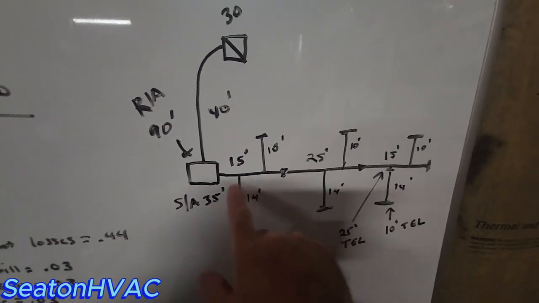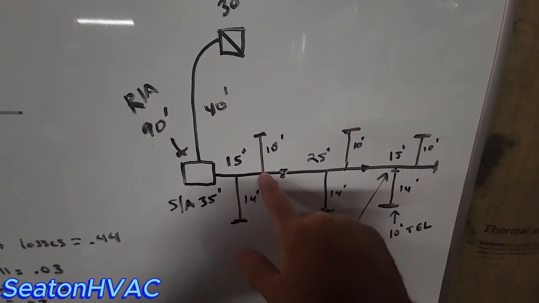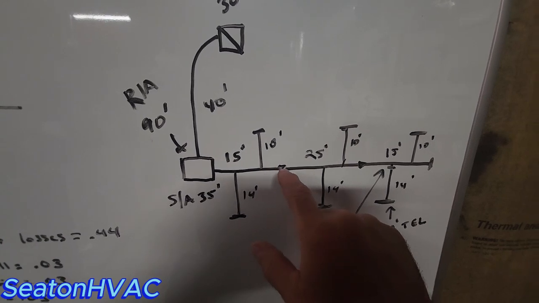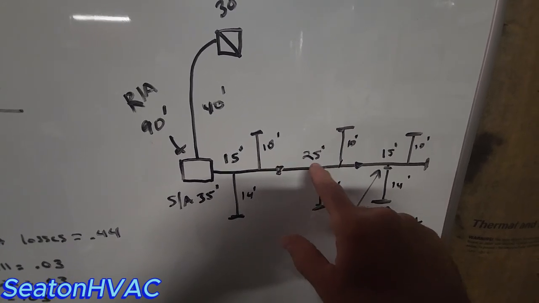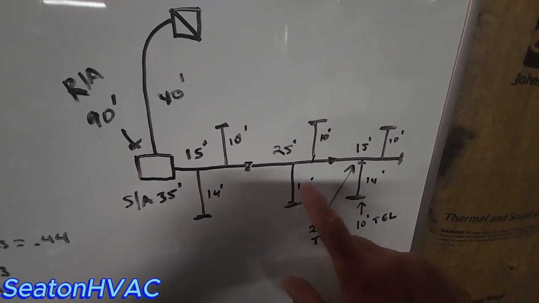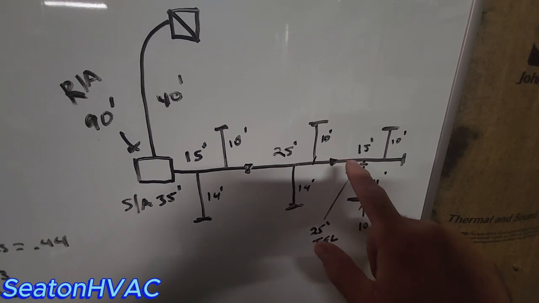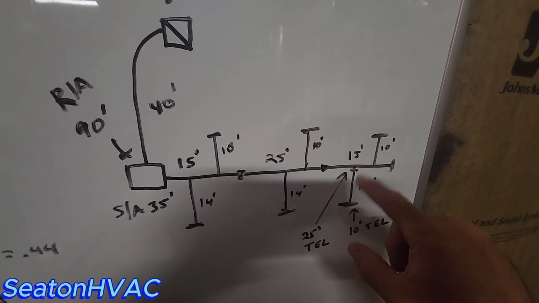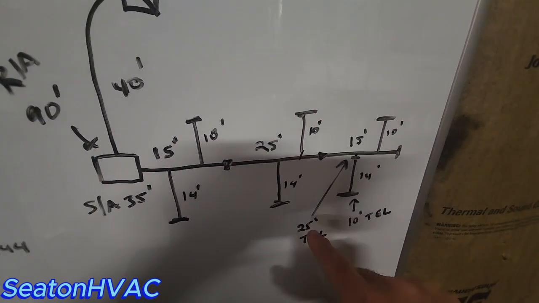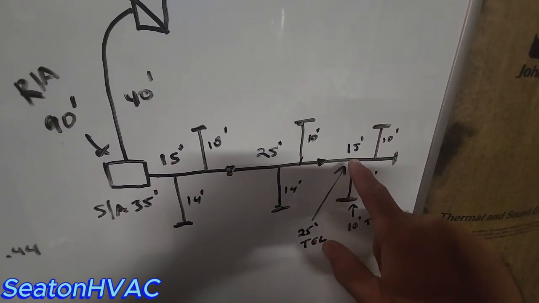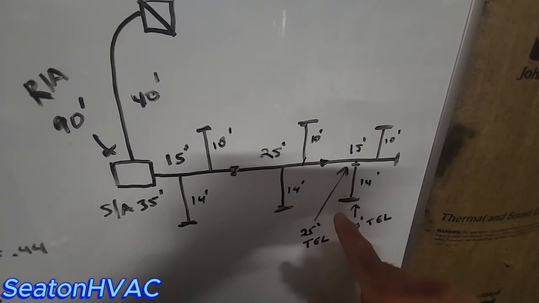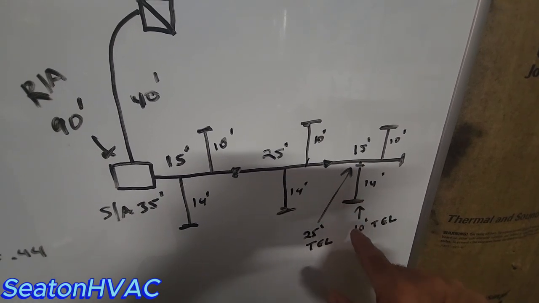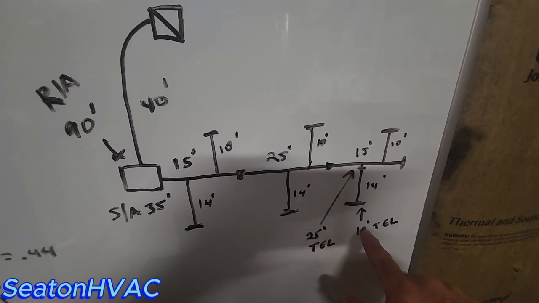Then you're going to add 15 for that trunk run there, so 50, and then 25, 75, I don't know, was that 90? Let's say 90 to this one. Let's say this is our longest one, okay? 25 feet total equivalent length for that takeoff, so it'll be 115. And then let's say your boot is 10 feet of total equivalent length.